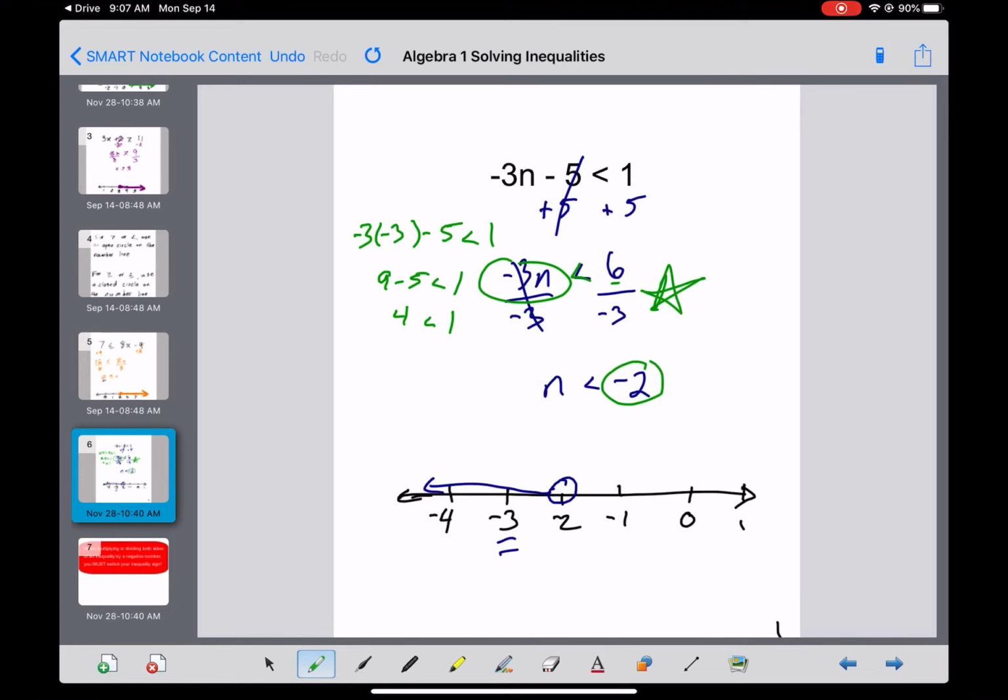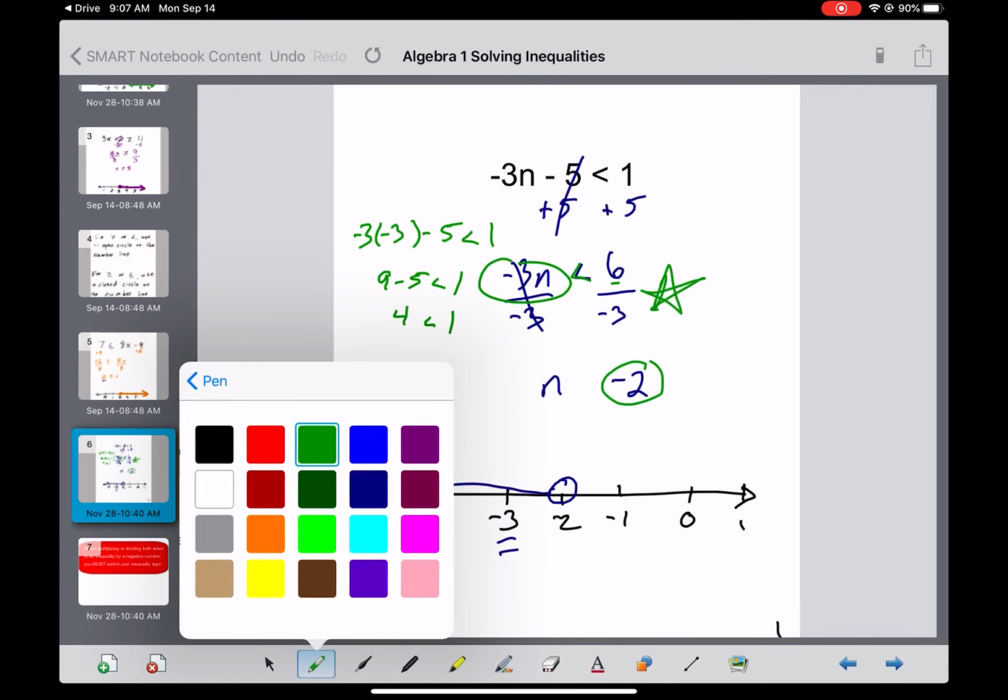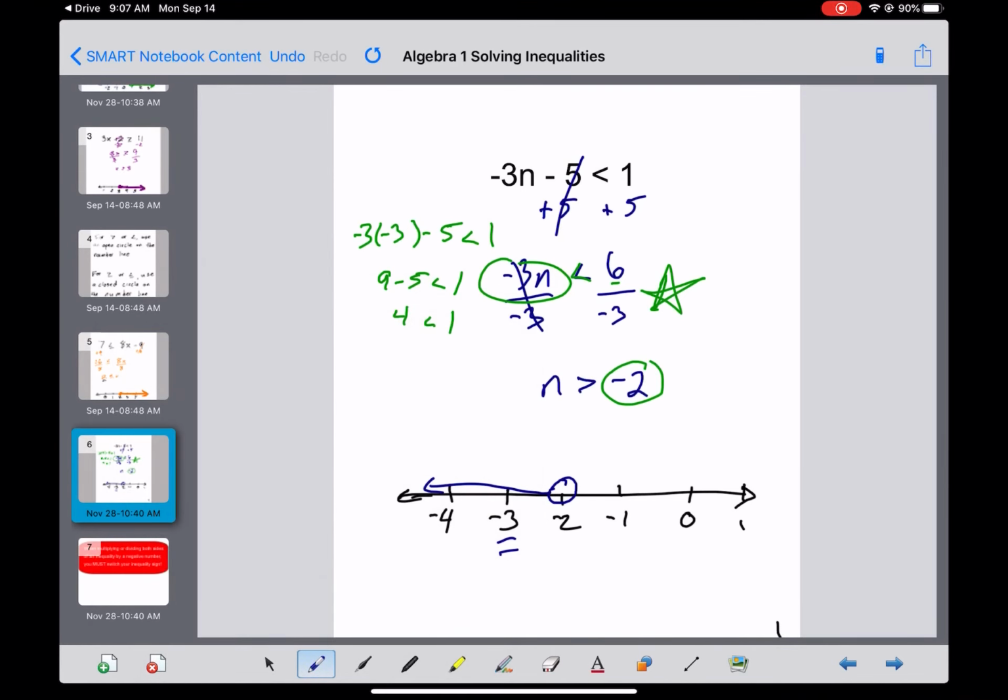Whenever that happens and we're changing the sign of something by dividing by a negative number, we actually need to take this inequality symbol and flip it. So this actually should have gone from a less than symbol to a greater than symbol. So our answer actually should be n is greater than negative 2. So this needs to flip around, and our answer should be going this way.